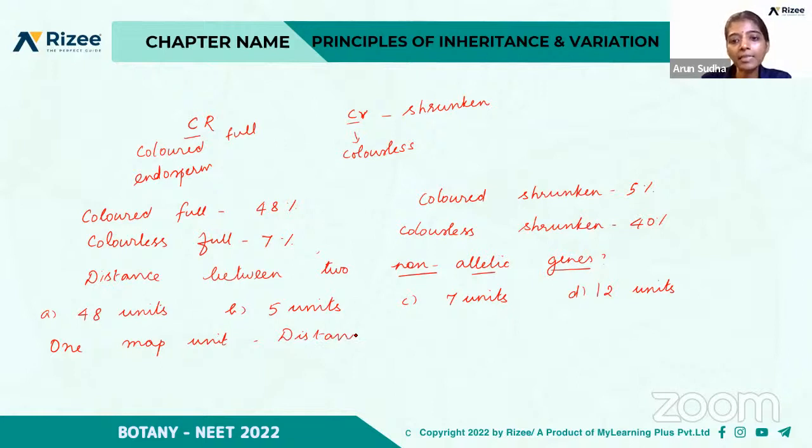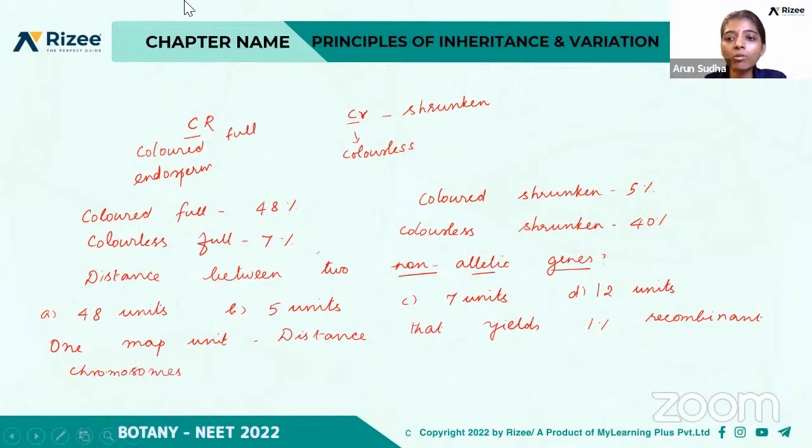It is the distance that yields 1% of recombinant chromosomes. So what is the percentage of the recombinants that is formed in this question?